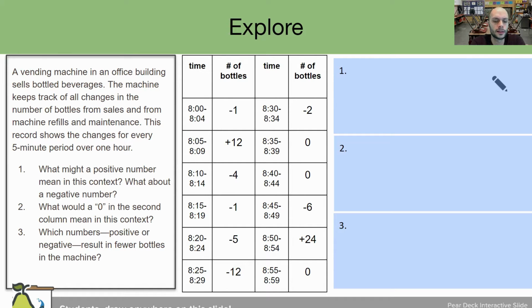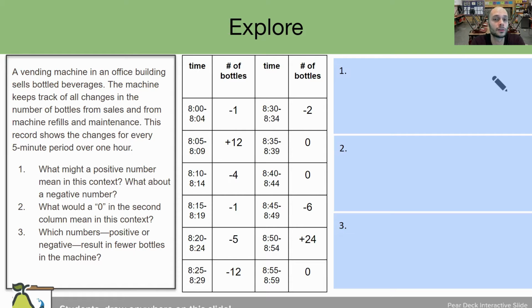Okay, welcome back. So let's think about what you thought the answer was to that question. If the machine is losing bottles because somebody is purchasing a soda or something like that, does that mean the vending machine is positive in the sense of how much bottles it has? Or does that mean the machine is negative in the sense of how much bottles it has?